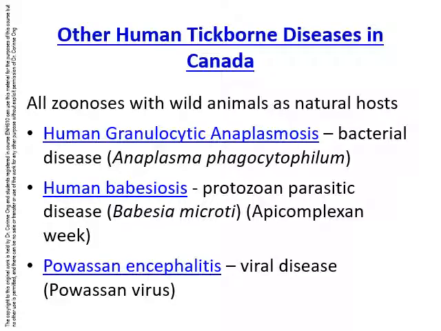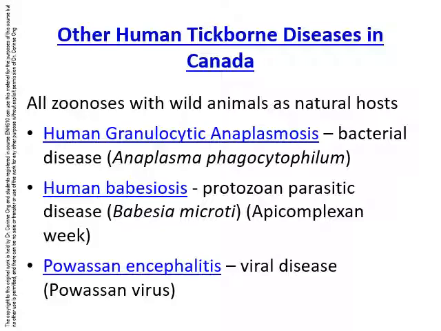The next on the list is human babesiosis. It's very similar to malaria. It's a protozoan parasitic disease and generally affects cattle. And the etiological agent is Babesia microti. And we may or may not cover it in the AP complex in a week, depending on how much time we take on malaria.